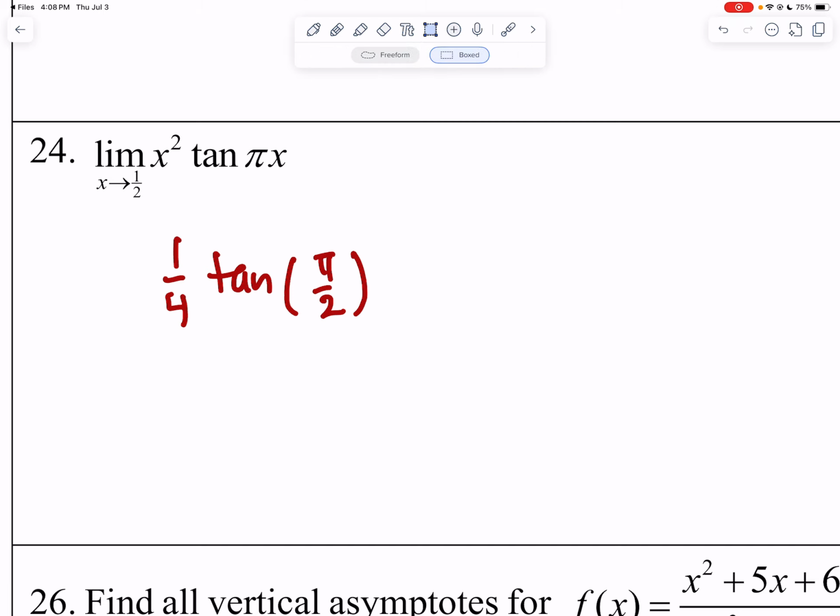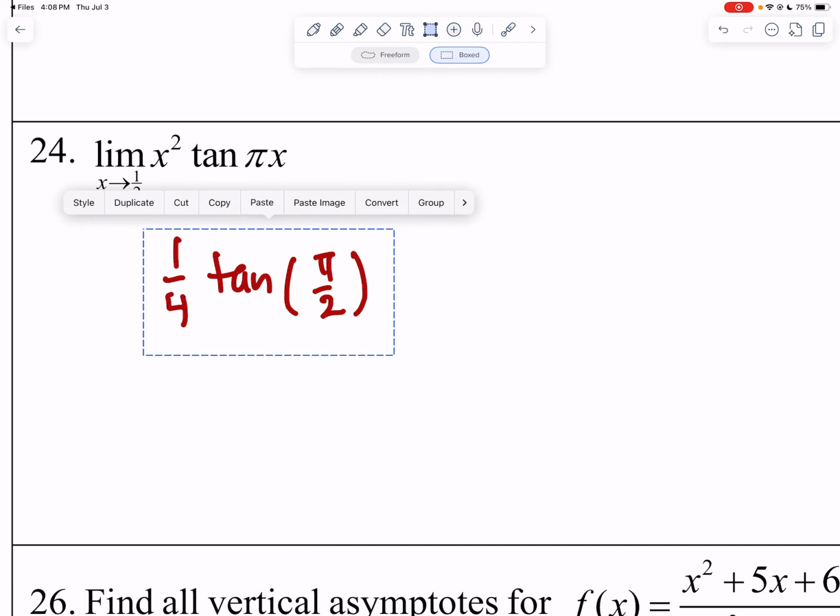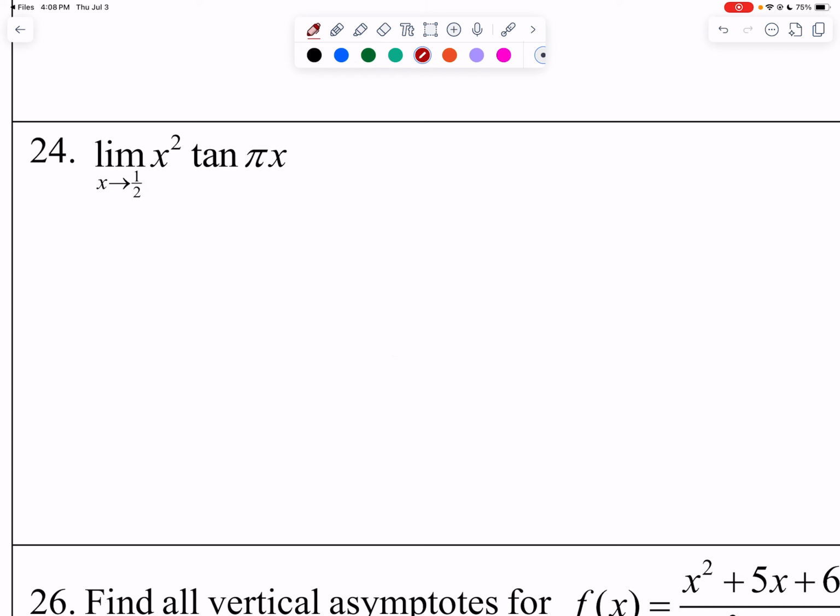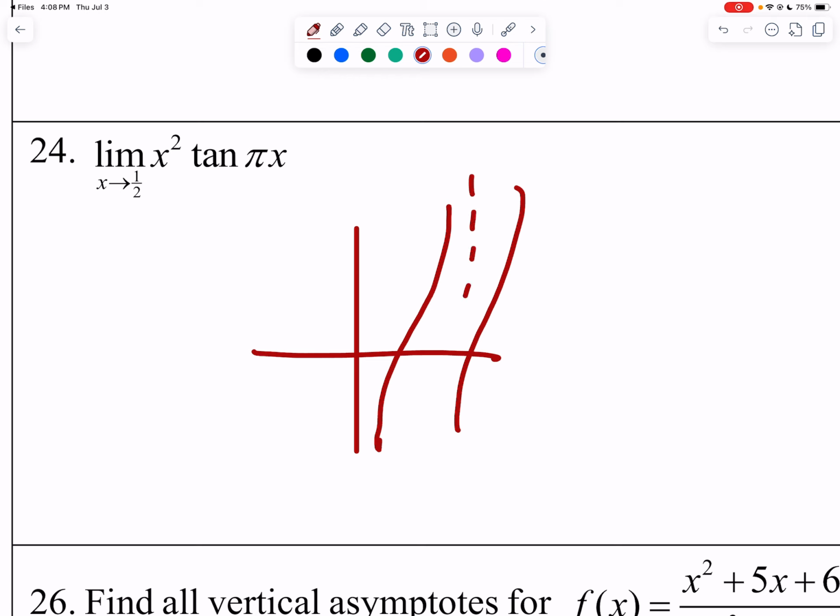Now, another thing to note is, remember how a tangent function looks like this right here. So if I'm going to look at x is equal to 1/2, notice how as I approach 1/2 from the left and 1/2 from the right, they're not the same value.